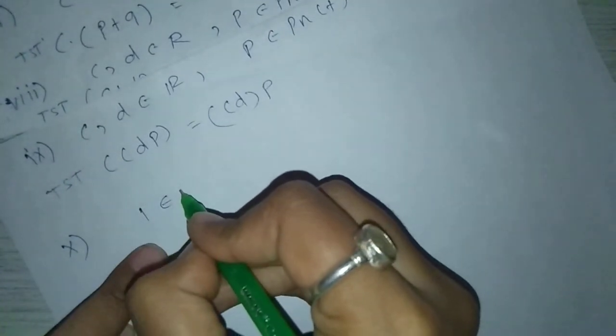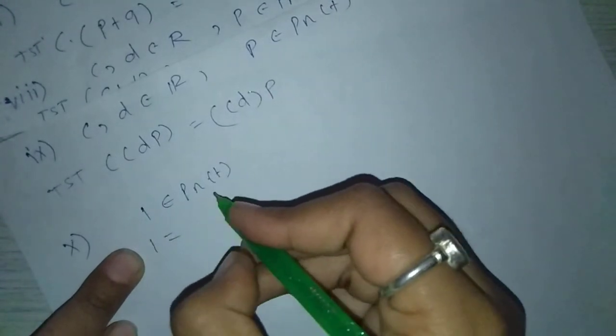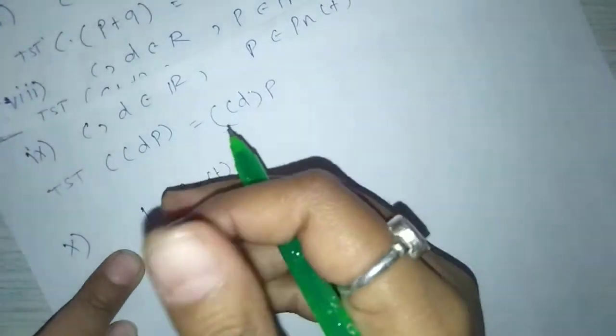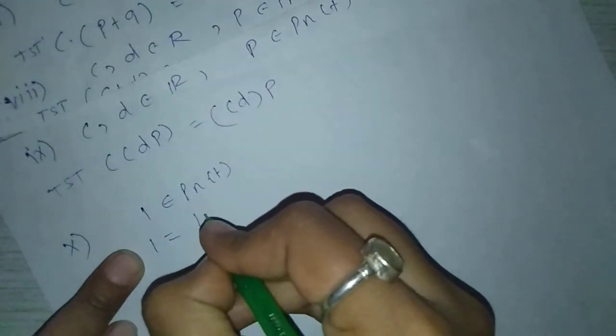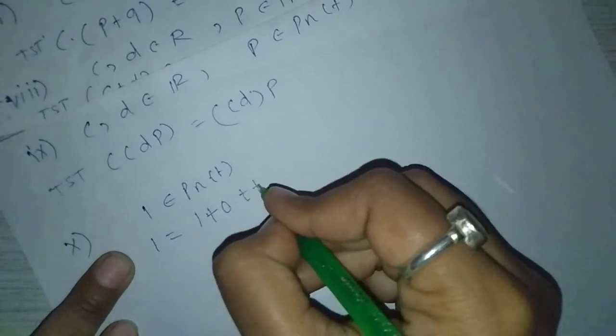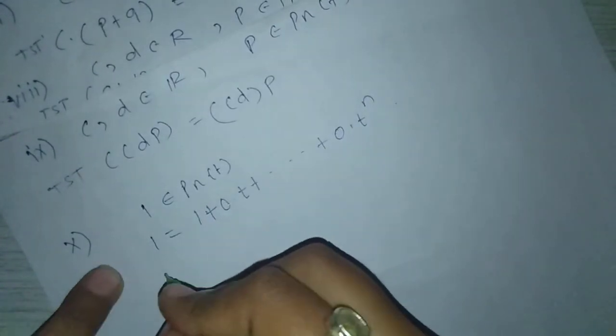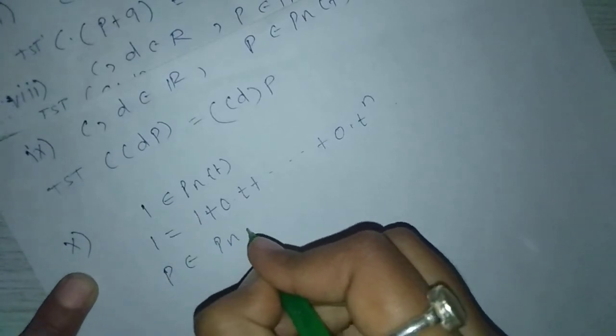Next, multiplicative identity. 1 belongs to Pn of t. 1 can be written in the form of a polynomial in Pn of t: 1 plus 0 into t plus and so on plus 0 into t raised to n, and P belongs to Pn of t.